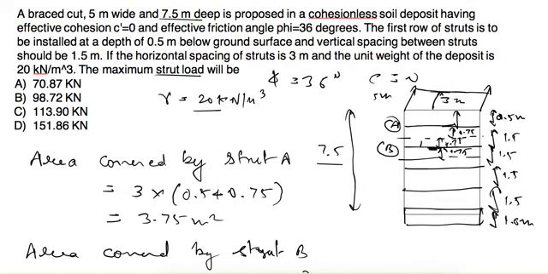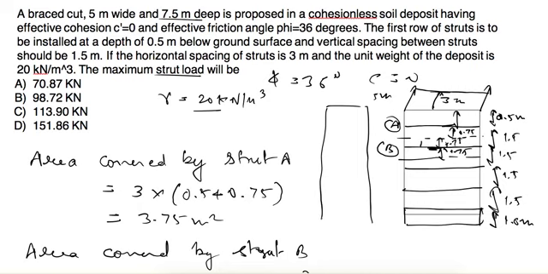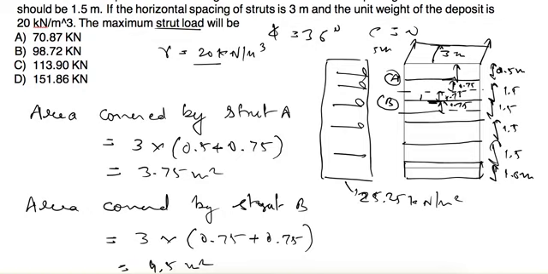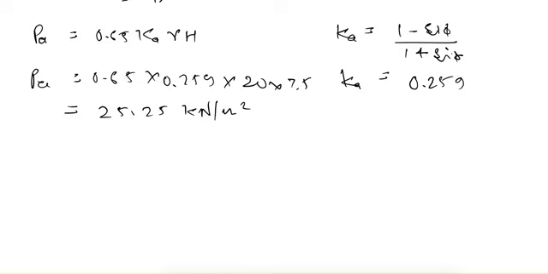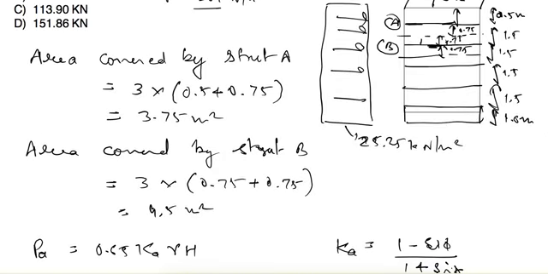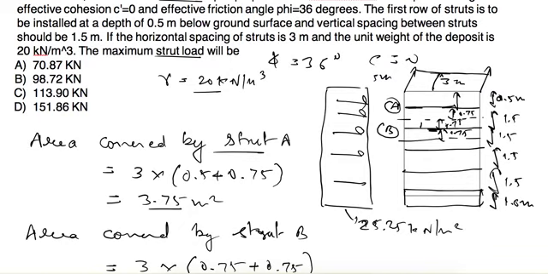So at any level, because we are taking uniform distribution, the pressure is working like this. The value is 25.25 kilonewton per meter square. Now if we multiply it with the area covered by the strut, we can find out the strut load. For strut A, we can see from here itself that the area covered by strut A is less than the area covered by strut B, and we need to find out the maximum strut load.